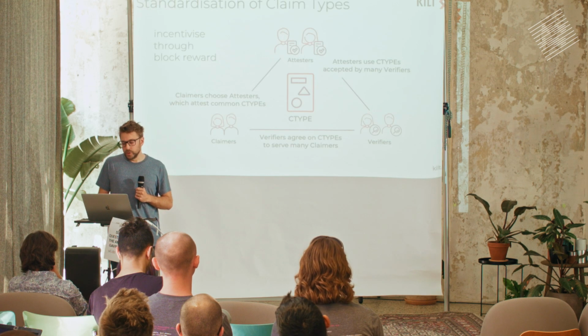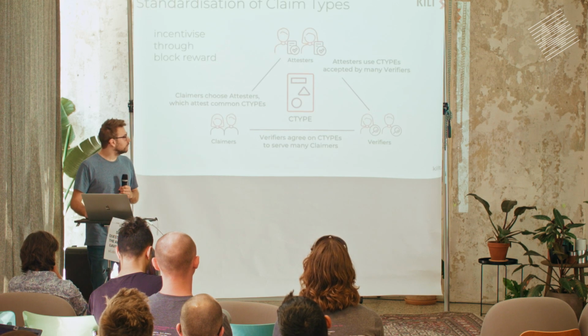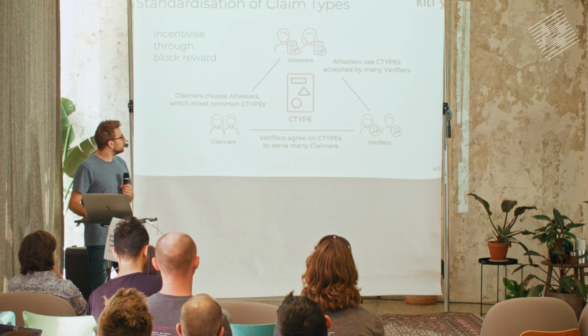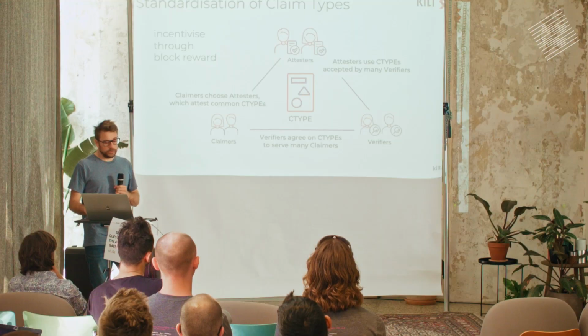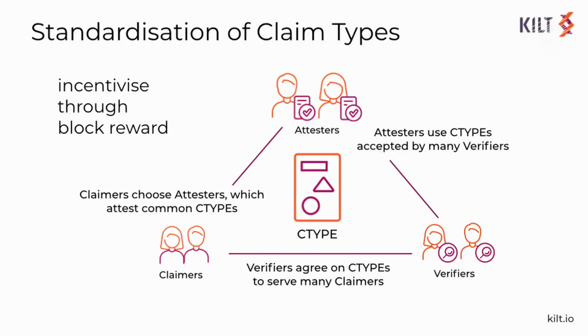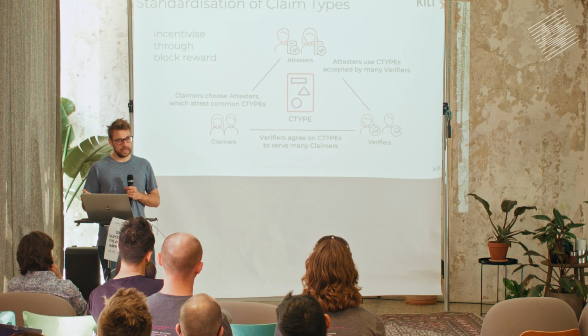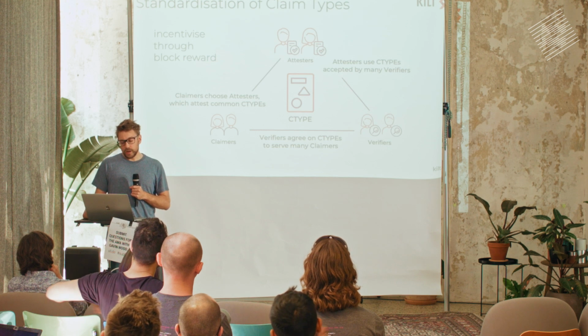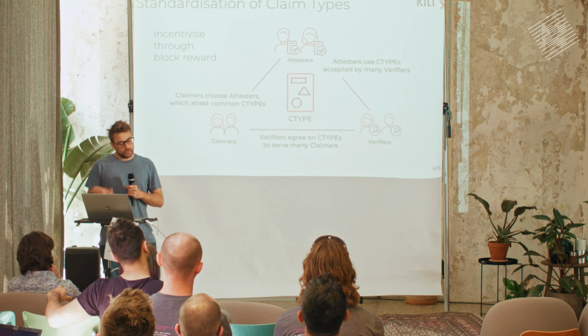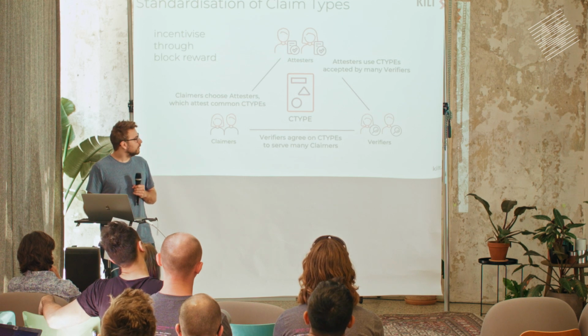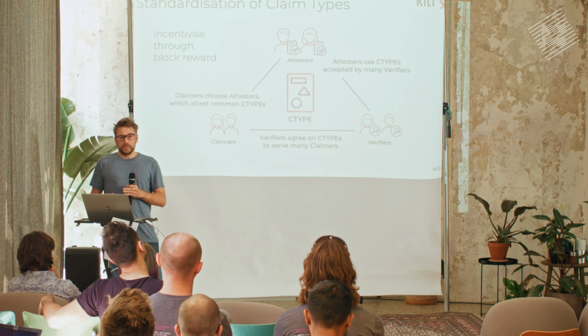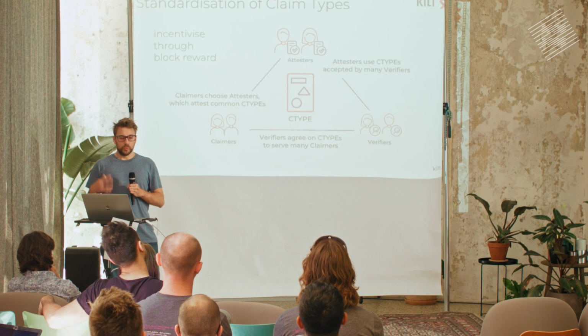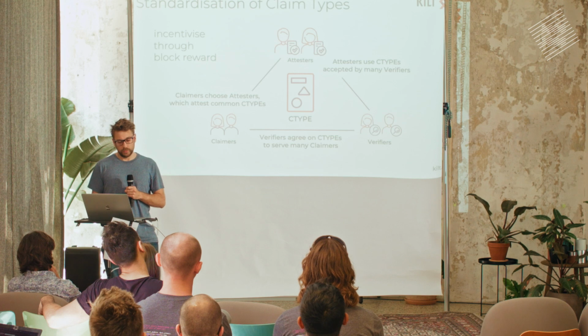Also, in Kilt, one of our core selling points is that we would like to incentivize the standardization of claim types, because when you make a claim, you want to be sure that the other end will understand that claim. How can we create an environment where the claim types converge to one or a couple of usable ones?